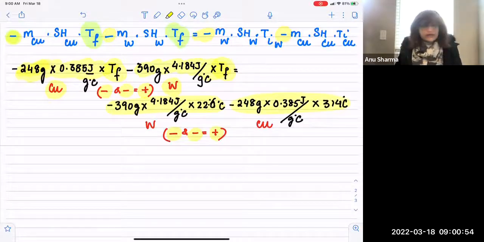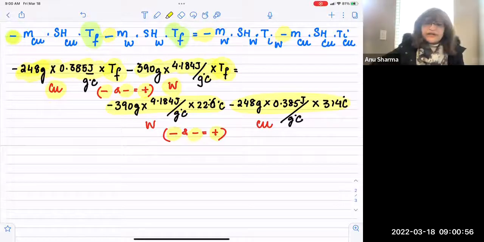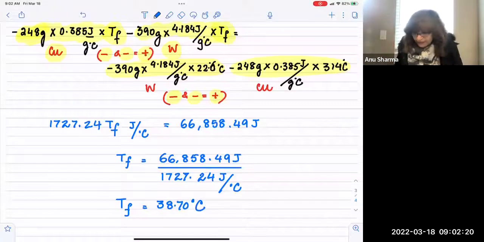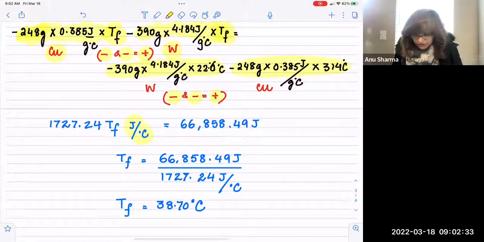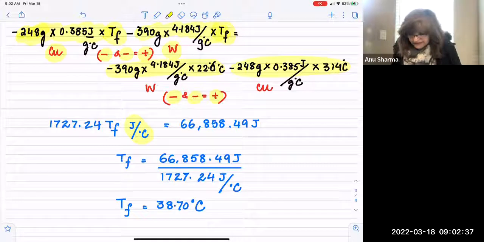When you put in all the numbers, this is what you get. When you plug in the numbers and solve it, you get 1727.24 T final, and these units still remain joules per degree Celsius, and that equals 66,858.49 joules.